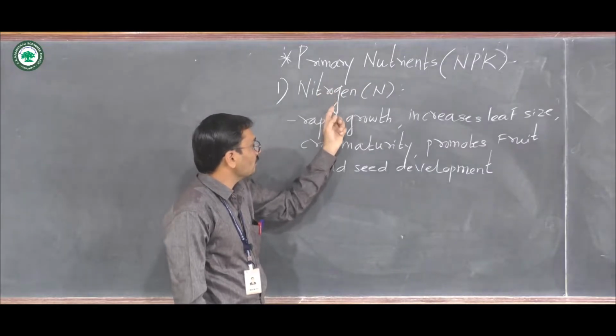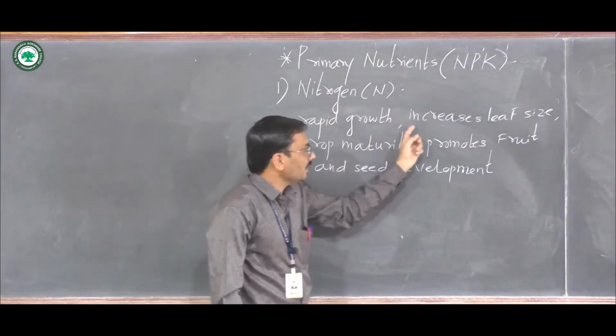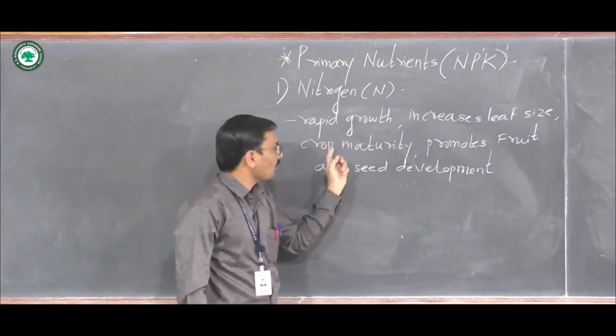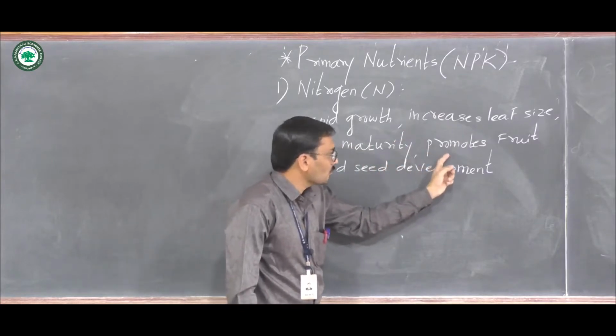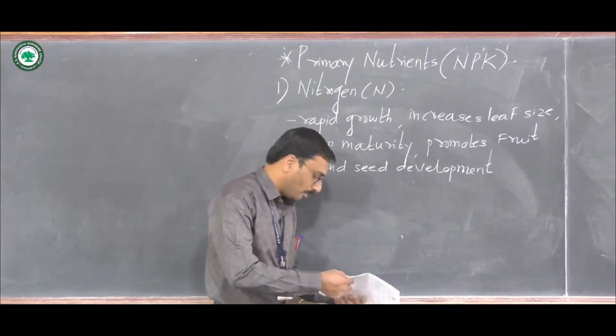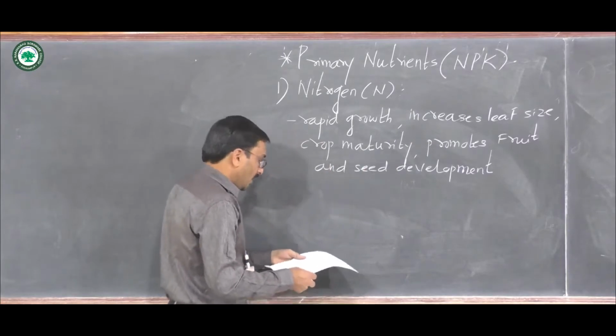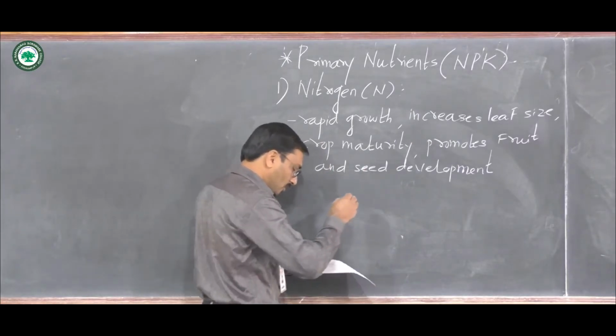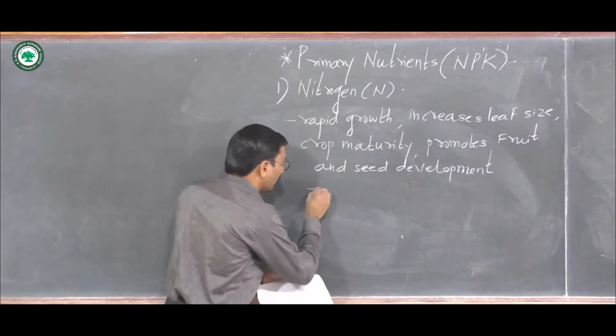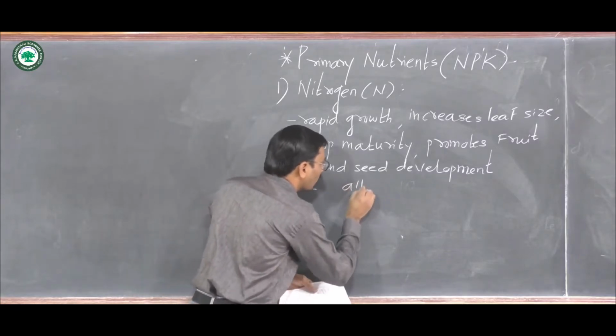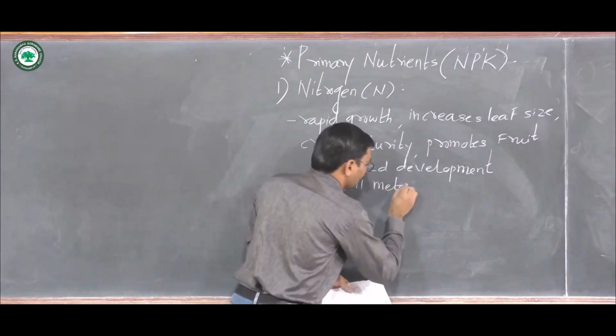Nitrogen promotes rapid growth. It increases leaf size and crop maturity. Nitrogen promotes fruit and seed development. Along with this, nitrogen plays an important role in basically all metabolic processes.